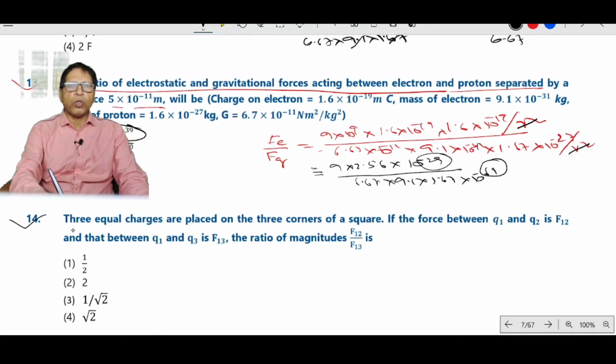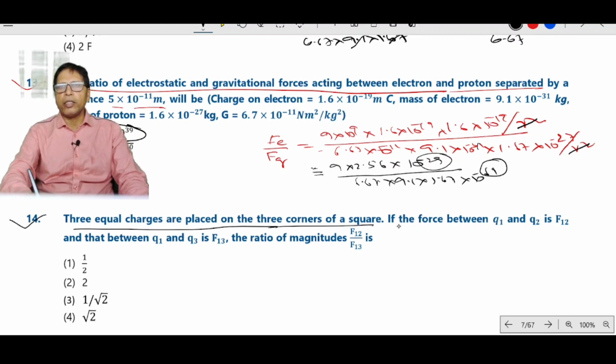Now question number 4. Three equal charges are placed on the three corners of a square. If the force between Q1 and Q2 is F12 and that between Q1 and Q3 is F13, find the ratio of magnitudes F12 and F13.